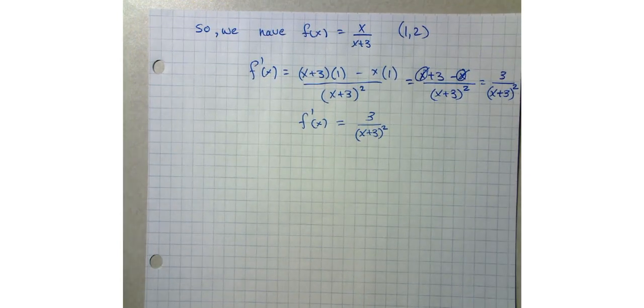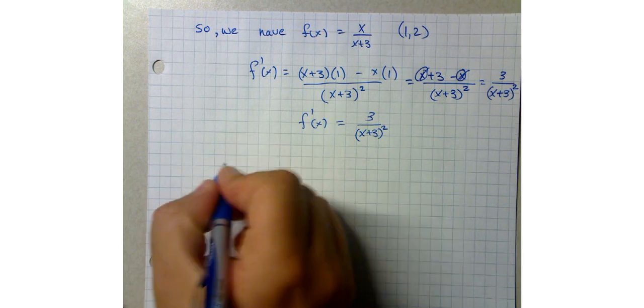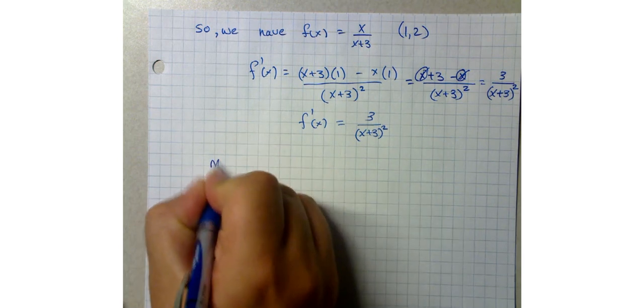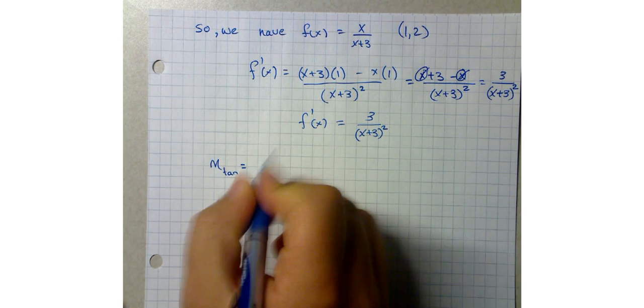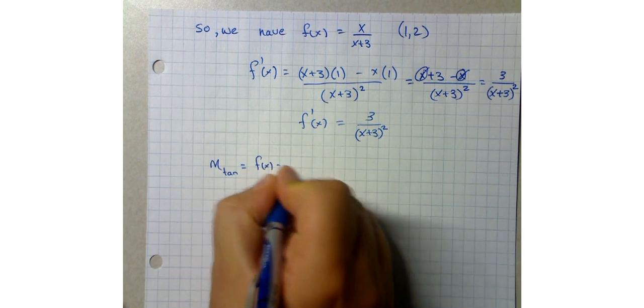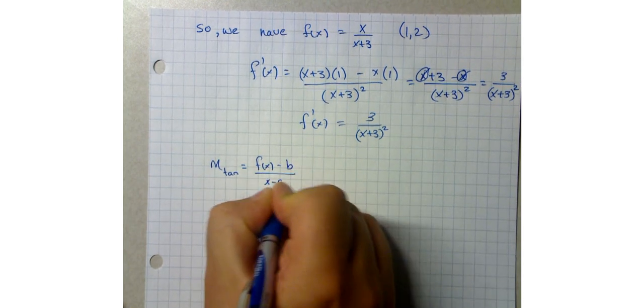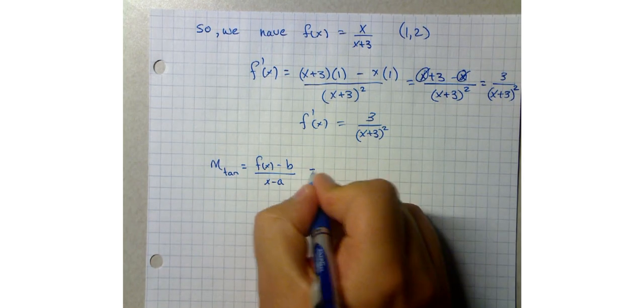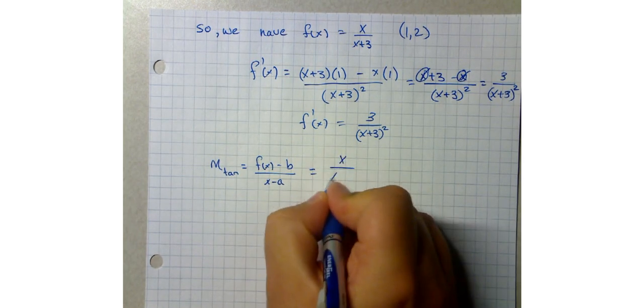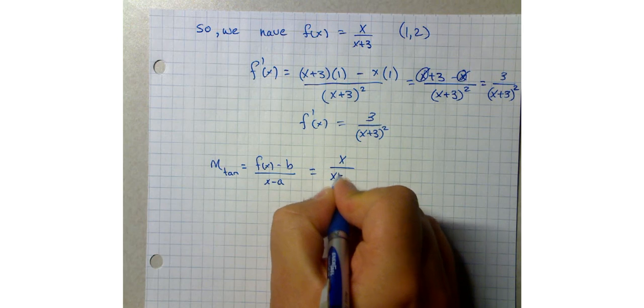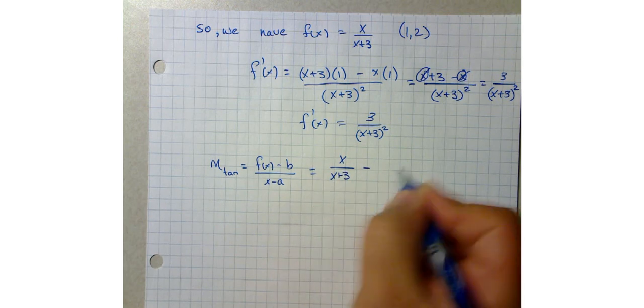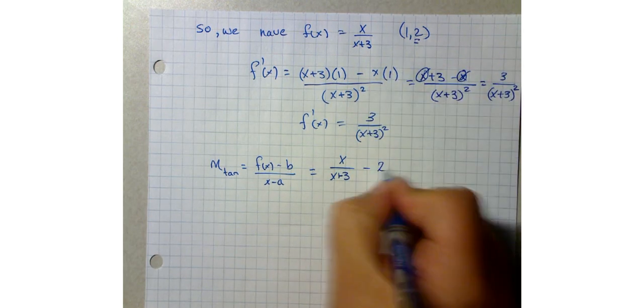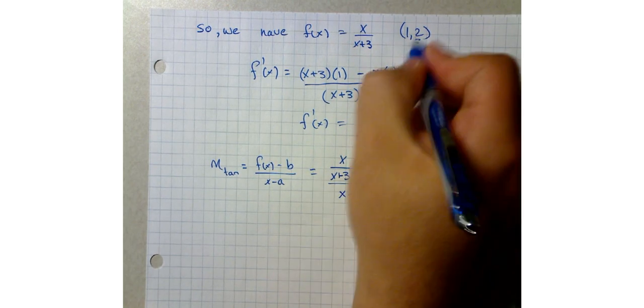Now, to find my other definition, I have m_tan is equal to (f(x) minus b) over (x minus a). This is equal to f(x). I have the function x over (x plus 3) minus b, which is 2 over (x minus a), which is 1.